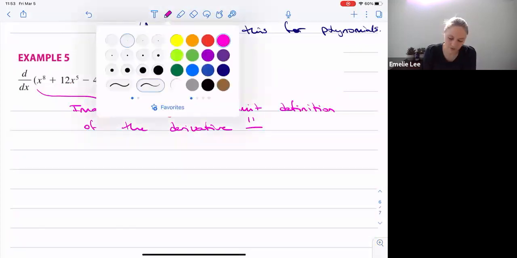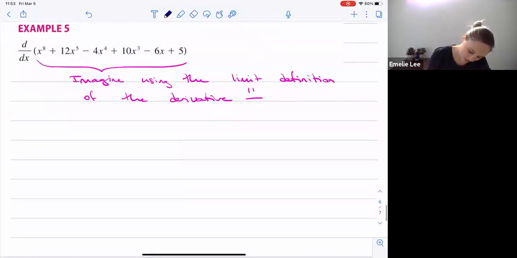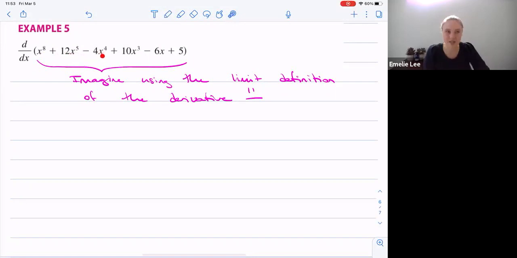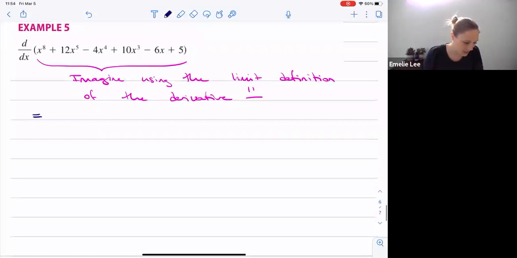Derivatives of polynomials are just so fun. So if I want to take the derivative of this thing, I'm not going to write it out again because I'm worried I'm going to run out of space.